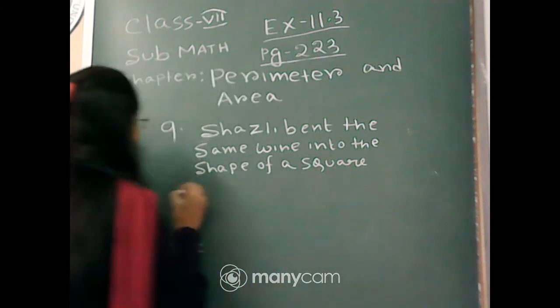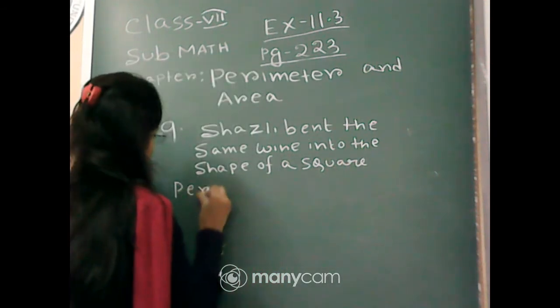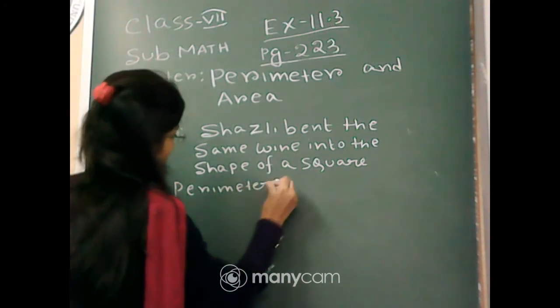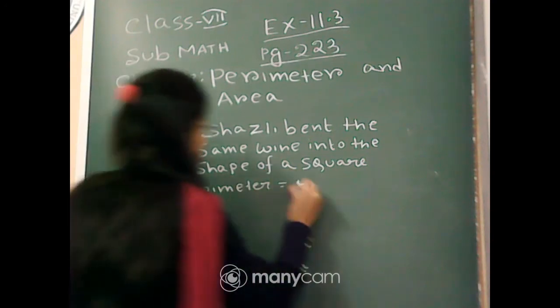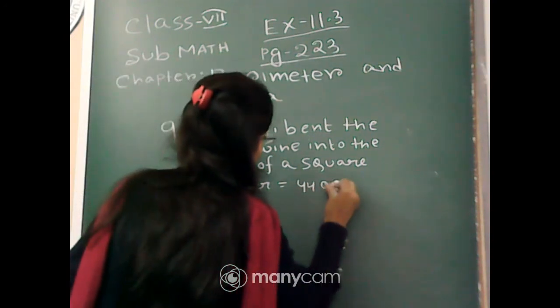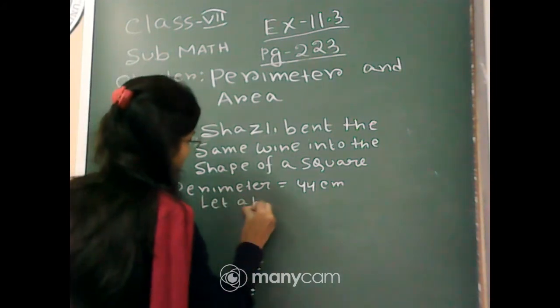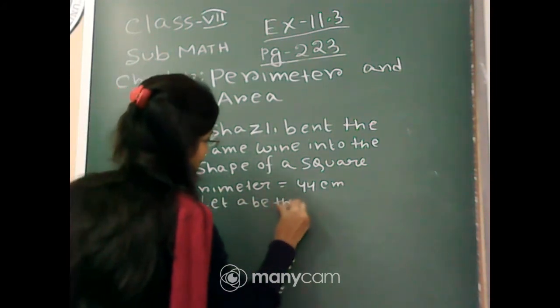Therefore, perimeter of the square is equal to 44 cm. Let a be the length of each side of the square.